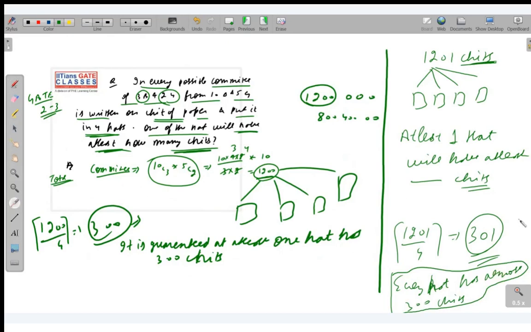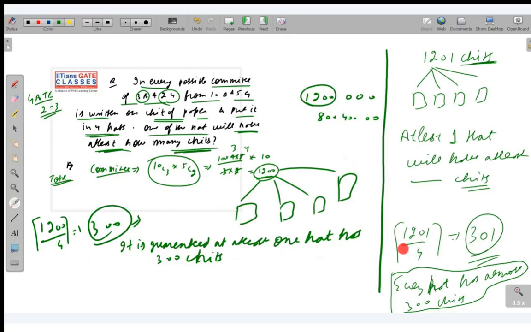What about the last chit, the 1201st chit? You have to put that in one of the heads, so immediately you will get 301 chits in one of the heads. So that's why we are applying ceiling function.